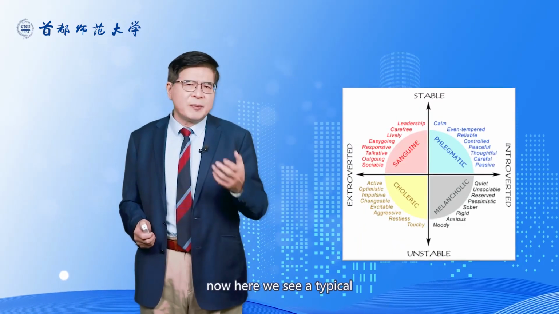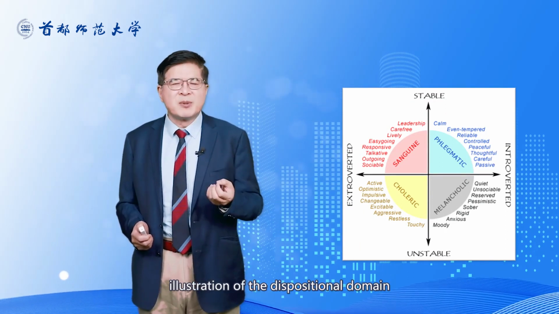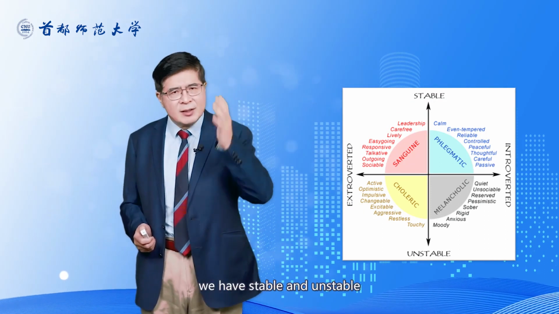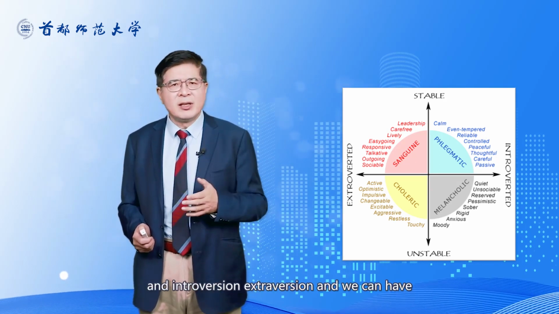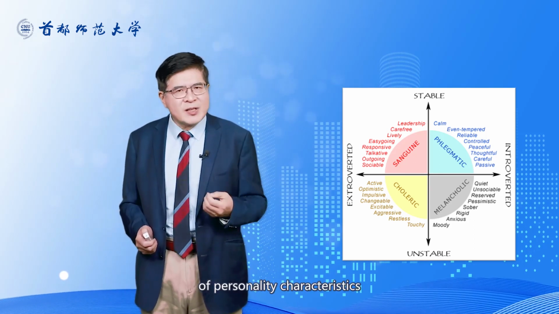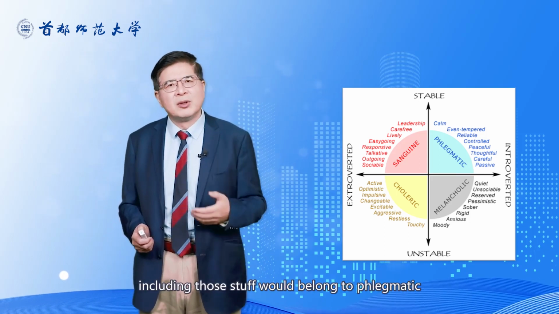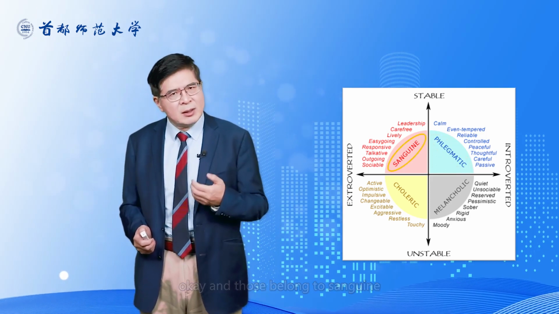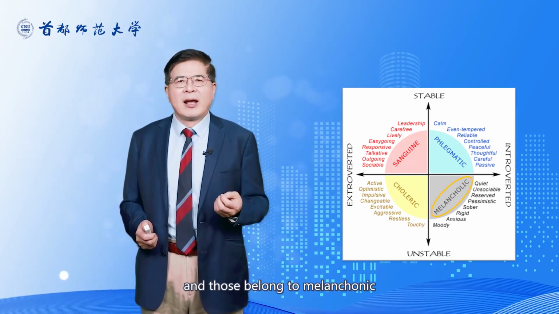Now here we see a typical illustration of the dispositional domain of personality study. Look at this. We have stable and unstable, and introversion and extroversion, and we can have 4 broad areas of personality characteristics, including those that belong to phlegmatic, those that belong to sanguine, those that belong to choleric, and those that belong to melancholic.